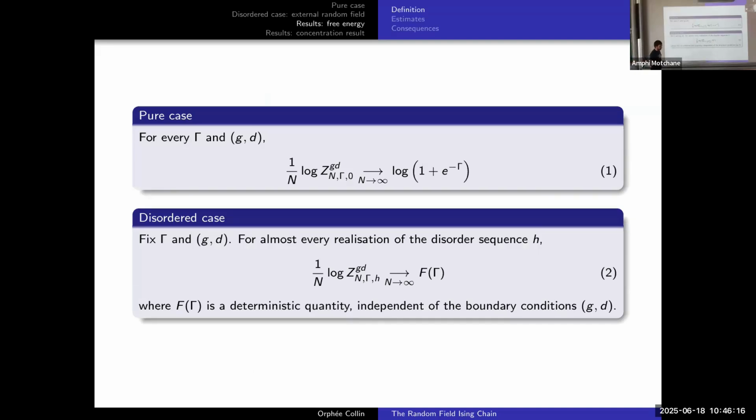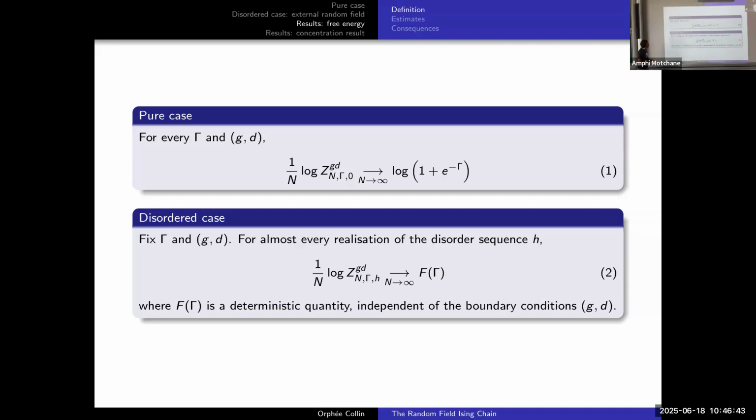So in the pure case, we had an explicit formula for the partition function when the condition on the right is free. But in fact, for all boundary conditions, we can show that 1/n logarithm of the partition function converges towards log of 1 plus exponential of minus gamma.